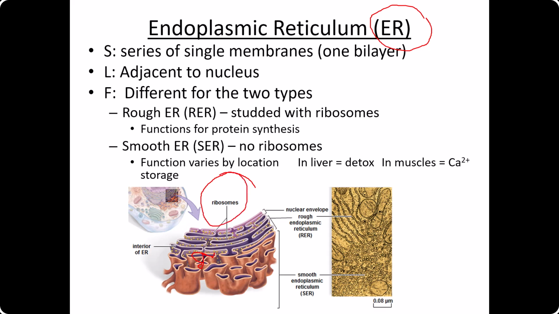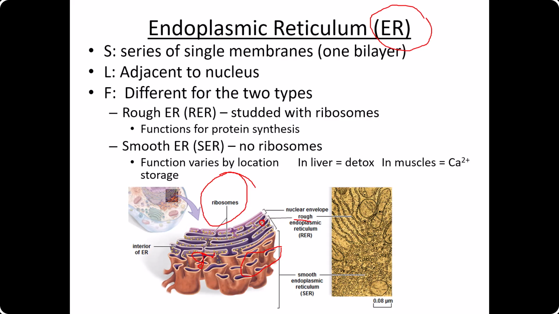And there's two different kinds of endoplasmic reticulum. There's the rough ER, which has those ribosomes on it. Remember, those ribosomes are for protein synthesis, so the rough ER has a job with protein synthesis. And then the smooth ER, it's called smooth because it does not have those ribosomes on it.